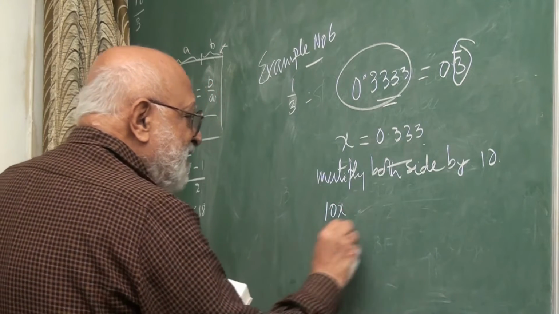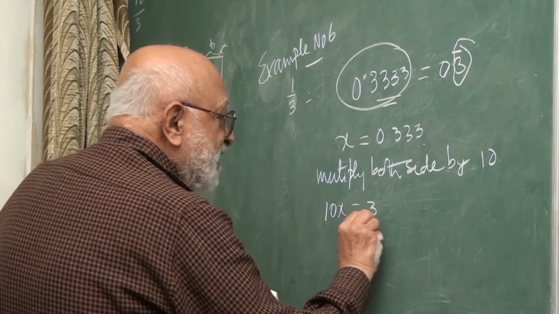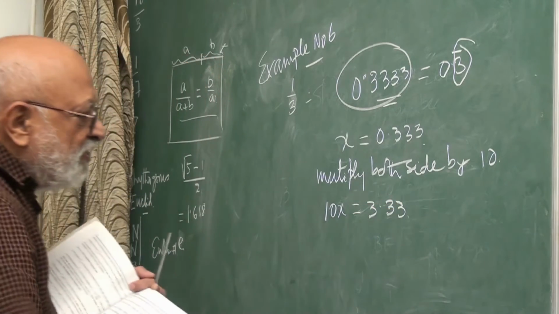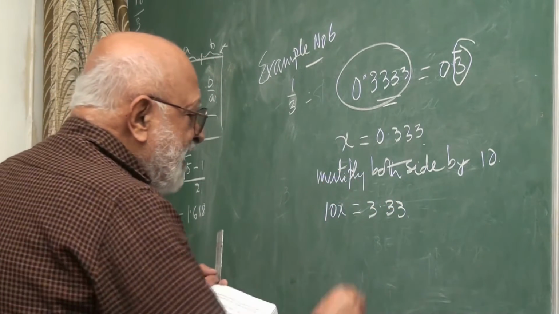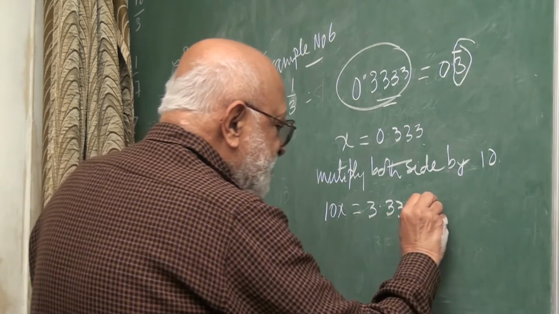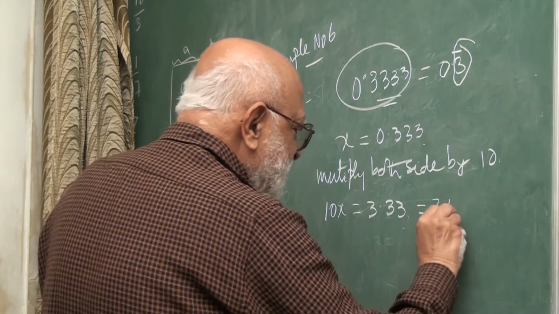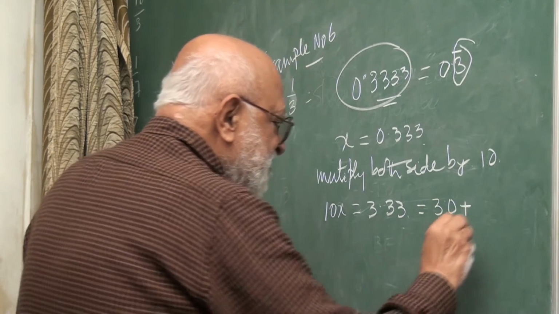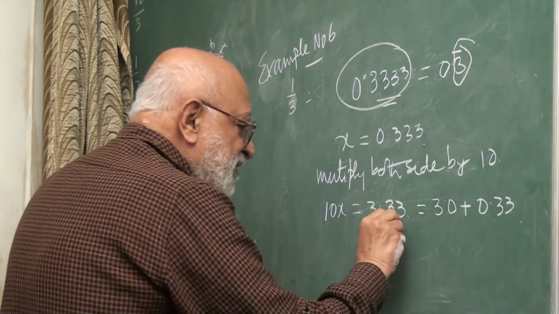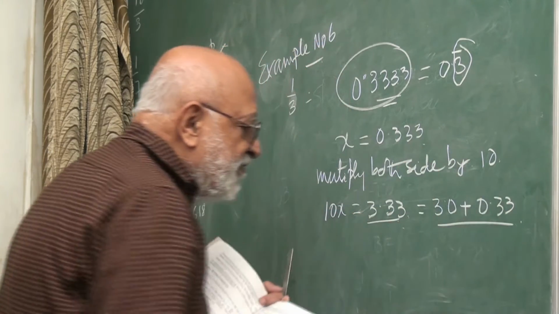On this side I get 3.33 because this is multiplied. I can write 3.33 as 3.0 plus 0.33. So this can be written like that. I think everybody agrees.